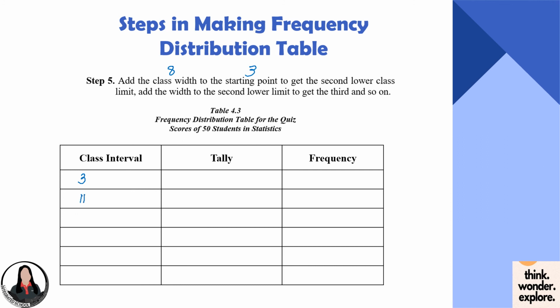To get the third, we add the class width again to 11: 8 plus 11, that's 19. Then 19 plus 8 is 27, 27 plus 8 is 35, and 35 plus 8 is 43.